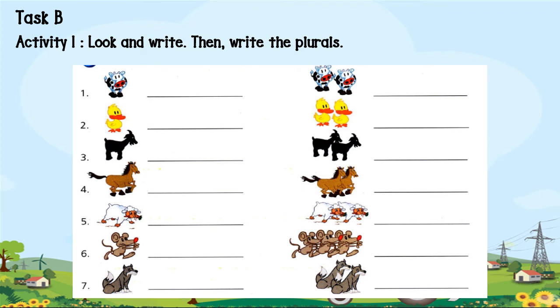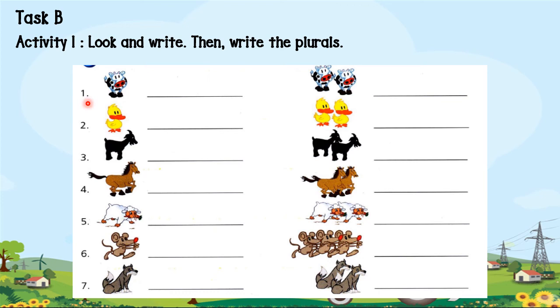Task B. Activity 1. Look and write. Then write the plurals. In this task, you need to look and write the singular and the plurals for the given animals.